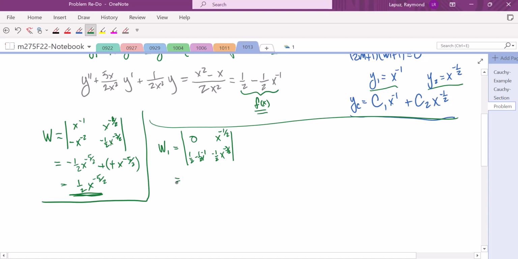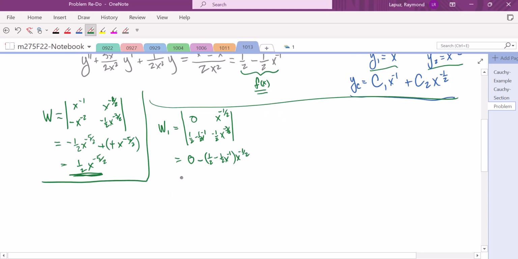And in finding this determinant, we have 0 times that expression, minus 1/2 minus 1/2 x to the negative 1 times x to the negative 1/2. So that can simplify to be a negative 1/2 x to the negative 1/2.